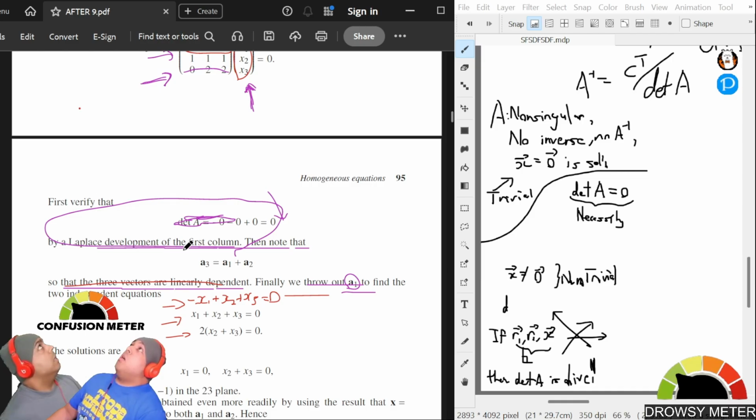Okay, from these two we can see that... no, we can't see anything really. I was going to say x1 is it? Okay, so 2x2 plus 2x3 equals 0. If we divide both sides by 2, we get x2 plus x3 equals 0, which means x1 is literally nothing, question mark?